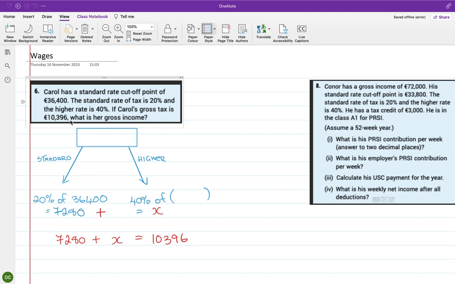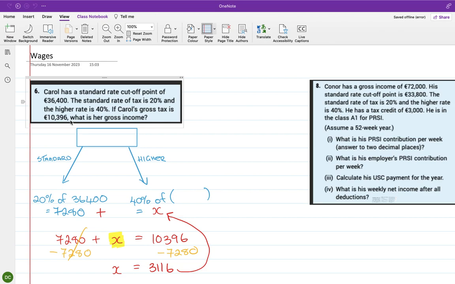We can figure out what this number is by doing minus 7,280 and minus 7,280. And then we get 10,396 minus 7,280. So we get 3,116. And then that's what that is there.